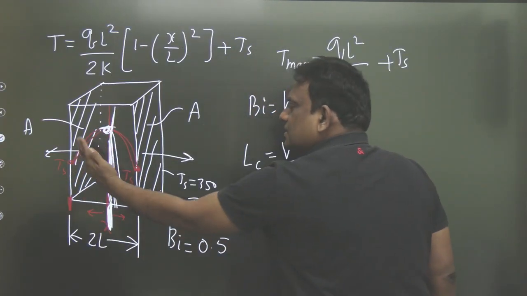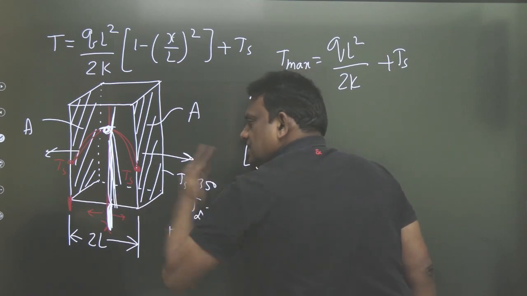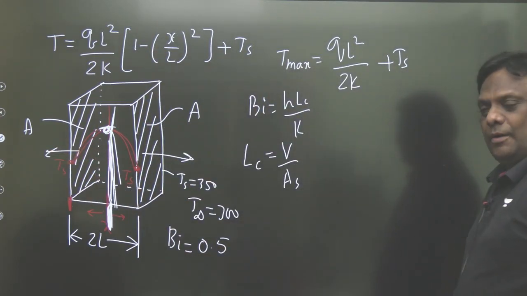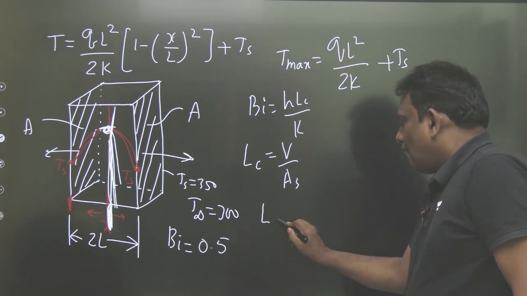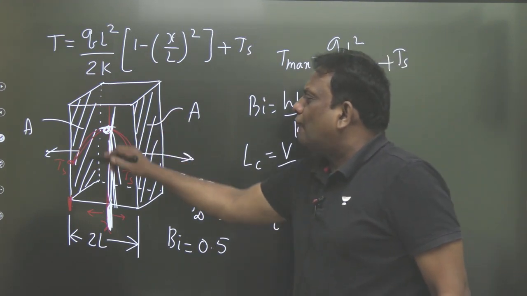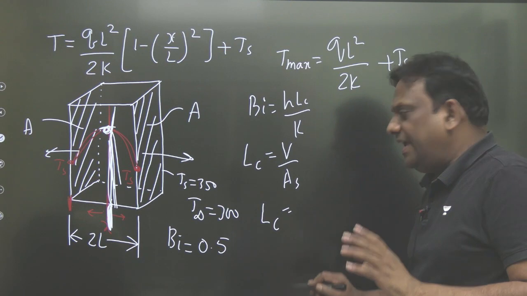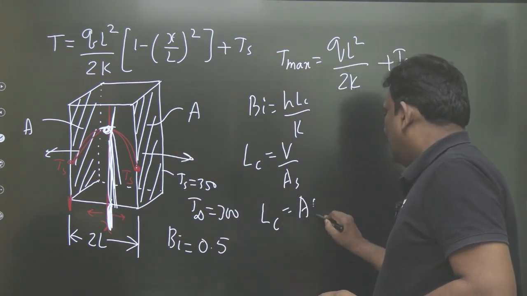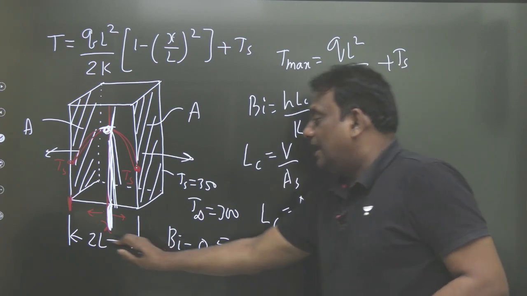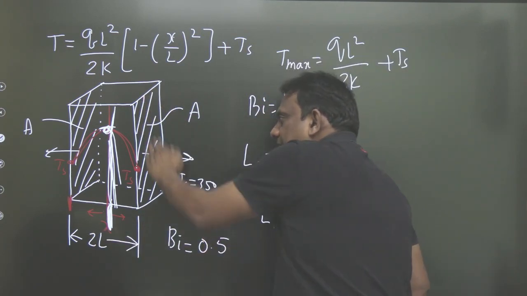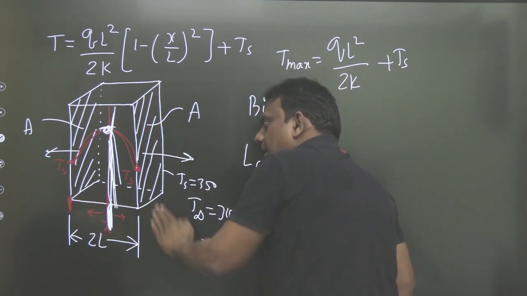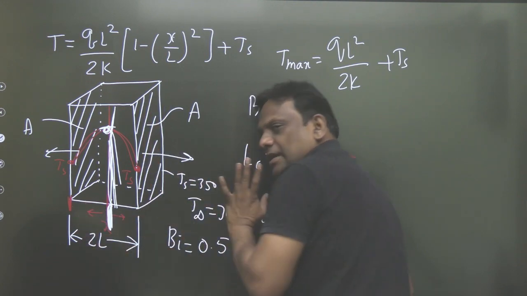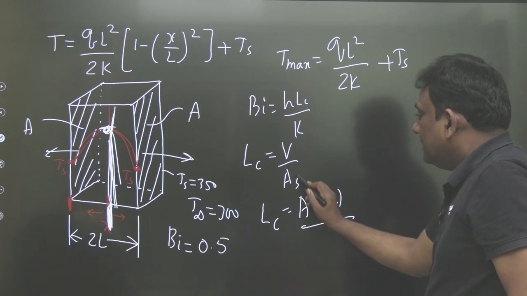So therefore, heat is transferred only in this direction. No heat is transferred in this direction. One-dimensional. Look once. What is the volume of this slab? Let the area be A into length. Don't write L, because the length is 2L. Volume is area into length, that is A into 2L, divided by surface area.